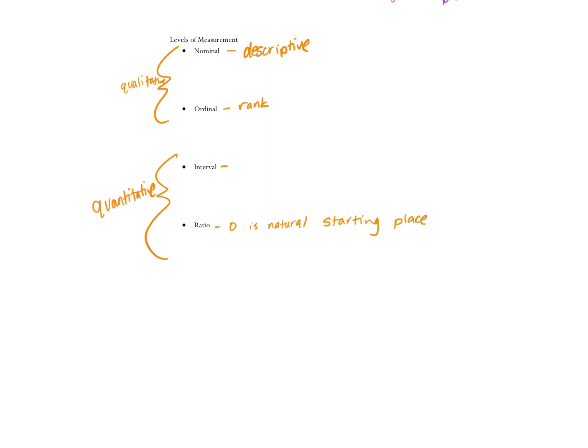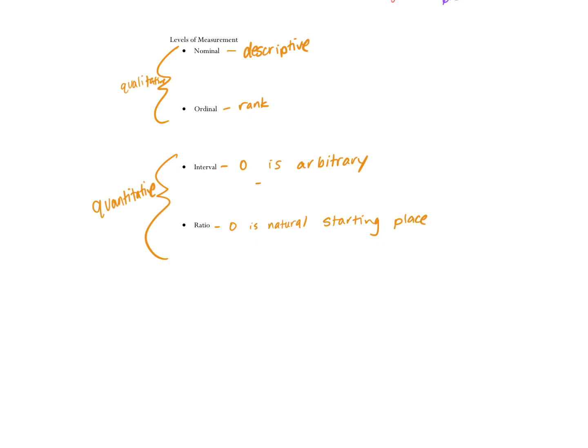Your height, the number of kids in the classroom, 0 is a natural starting place, okay? Whereas for intervals, 0 is arbitrary. And it's really hard to think about 0 being arbitrary, but there are several things in which that happens. Arbitrary is like haphazardly assigned to 0.